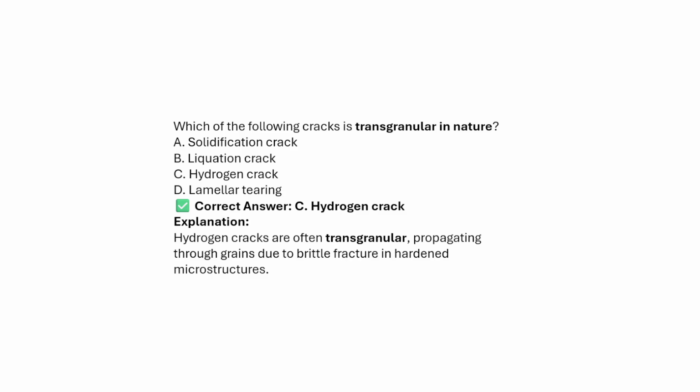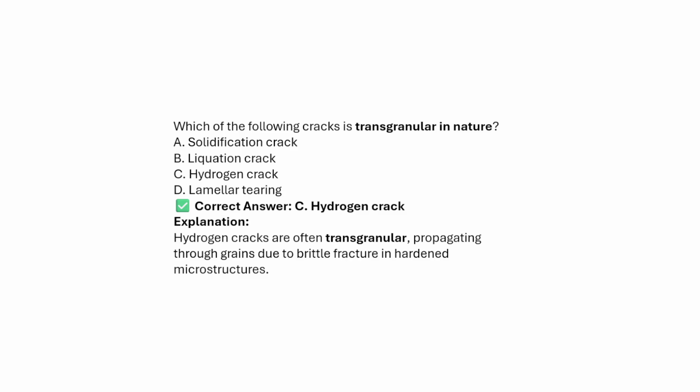Okay, so which of the following cracks is transgranular in nature? It is the cracks happening through the grains of the material. Option A, solidification cracking, option B, liquation cracking, option C, hydrogen cracking, option D, laminar cracking. Solidification cracking happens during the solidifying of the weld bead.